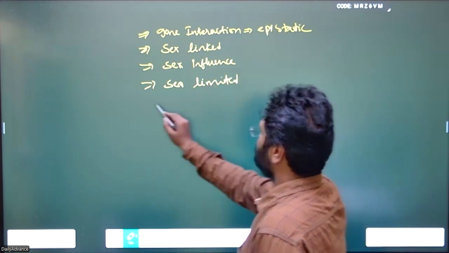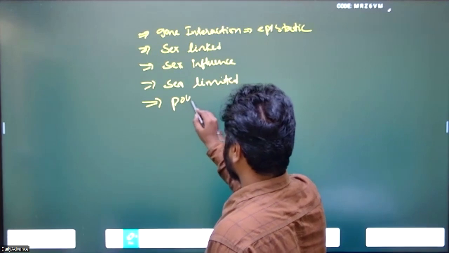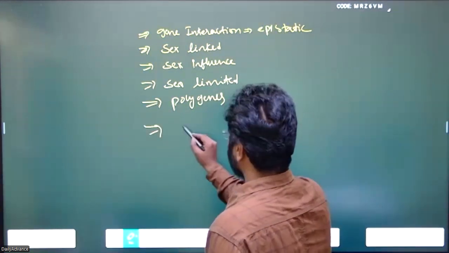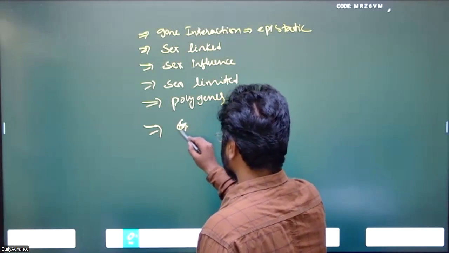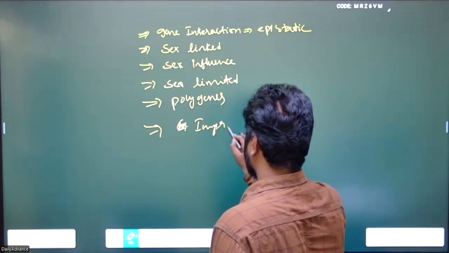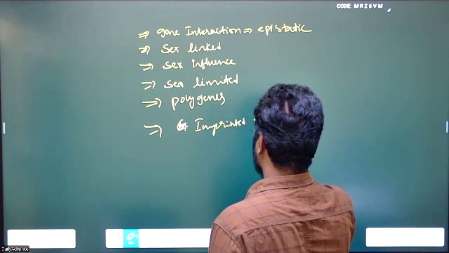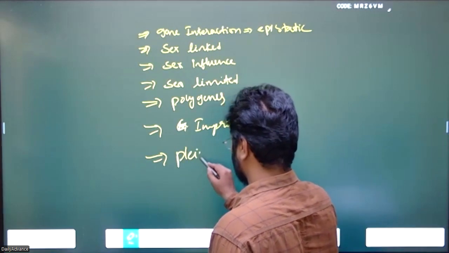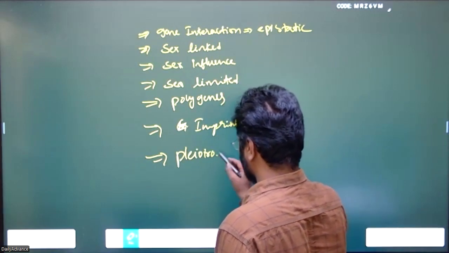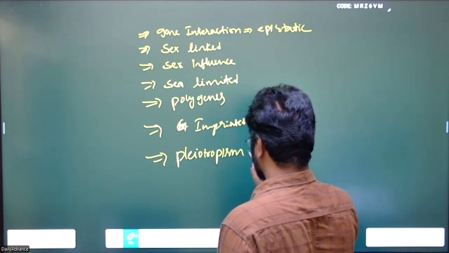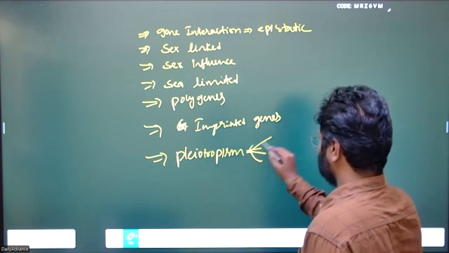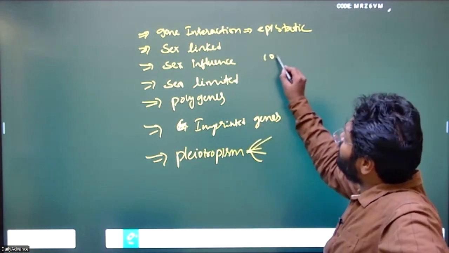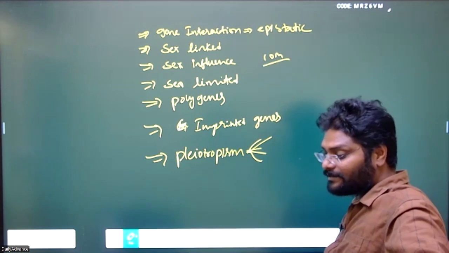Polygenes. Next, imprinted genes or genetic imprinting. Pleiotropism: single gene, multiple outputs. They might ask each one for 10 marks, or they might ask all together for 20 marks.